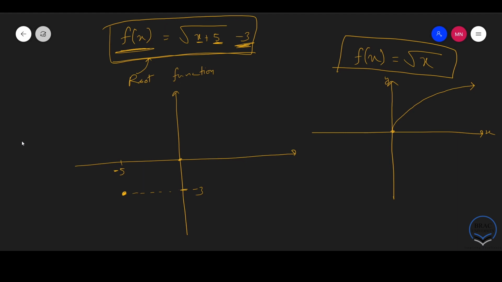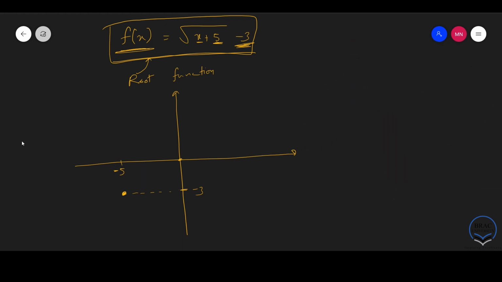and it will be easier for us to graph this function if we find out the x and y intercepts of the function that is given to us. So let's find the x-intercept first. To find the x-intercept, we set y to be equal to 0. So that means we have the square root of x plus 5 minus 3 is equal to 0. This becomes equal to 3.